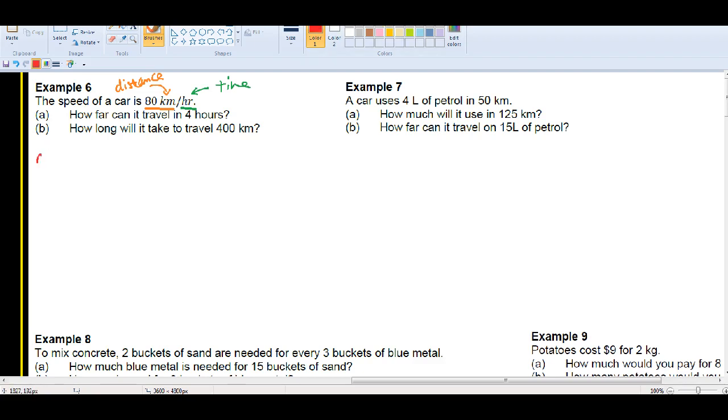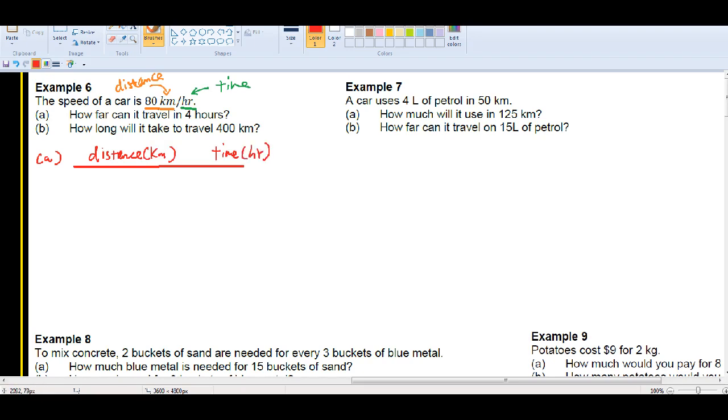Okay, so let's try to do it now. Let's do it by double line method. So let's write distance, km, on one side, and let's write time, which is hour, on the other side.